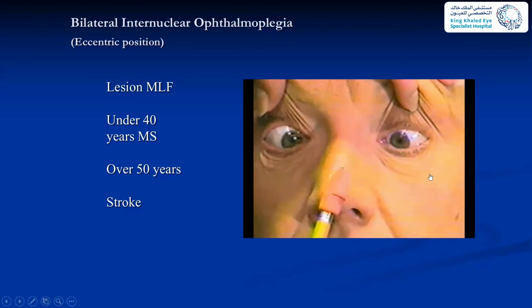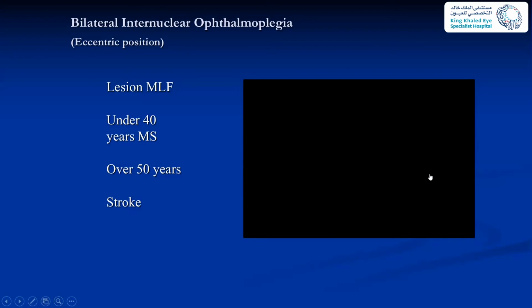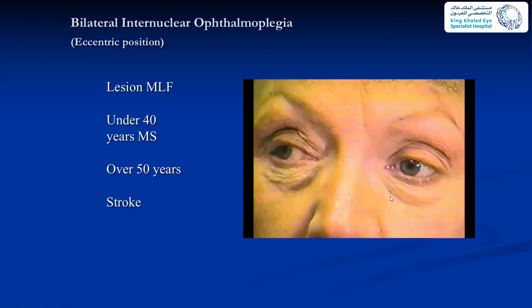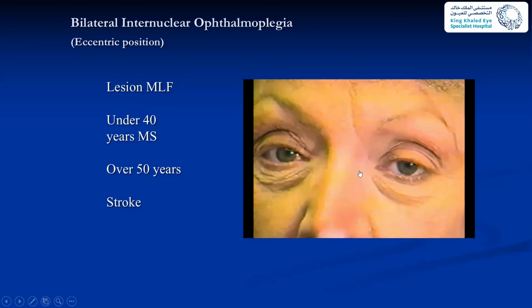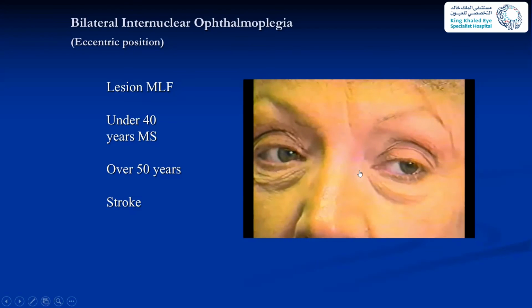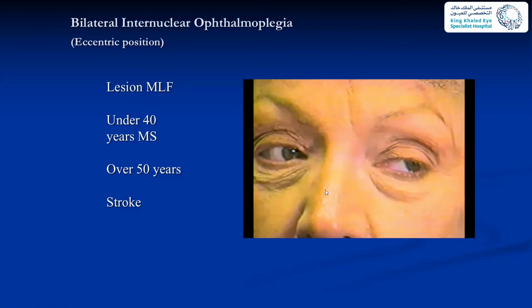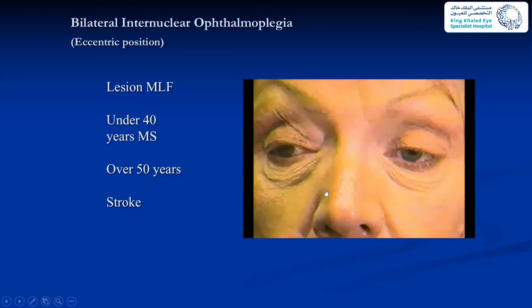While convergence is normal. Let's see it again. So look at the difference between lag and lack. Lag is following slowly in adduction, while lack does not complete the adduction, and nystagmus on abduction.